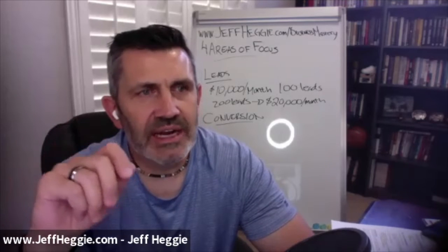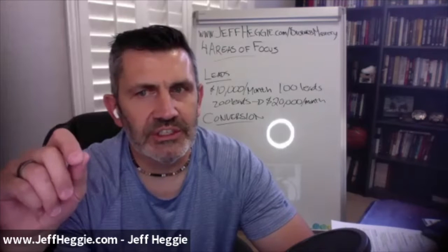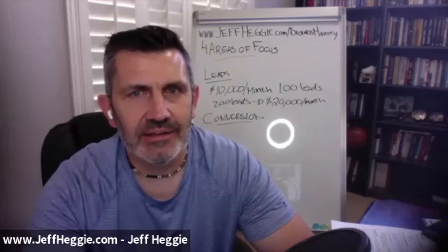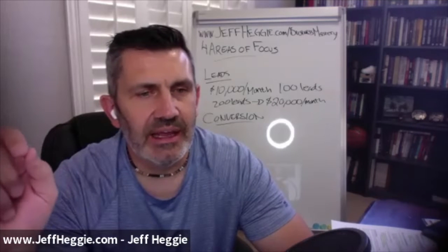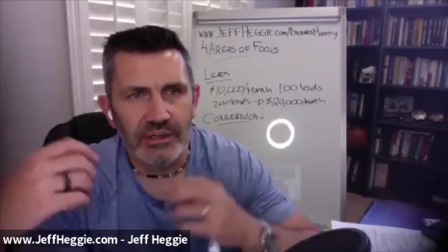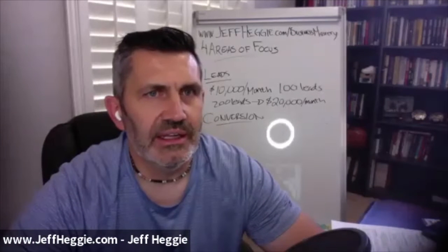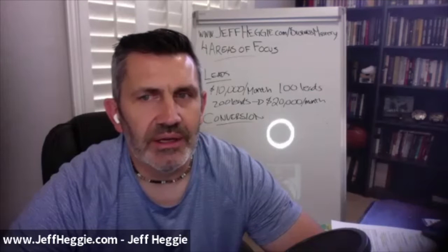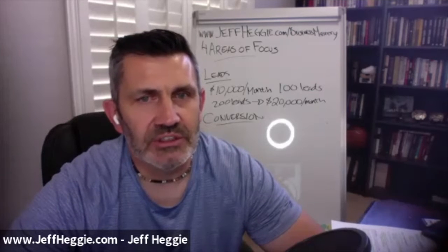And by understanding and implementing the conversion equation formula, which is hook, story, and offer. Each piece of that has its own details that you've got to understand. I'm not going to go into great detail here, but I do go into more detail in the business mastery masterclass, so you can hear that. But those are a vital part to understand when it comes to conversion.